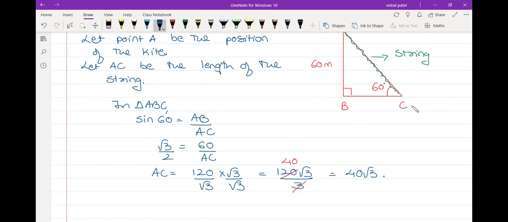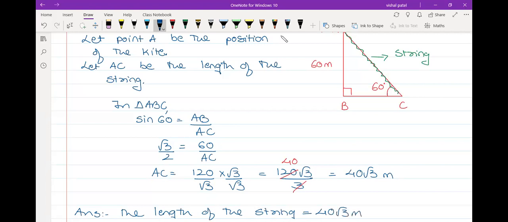Answer is 40 √3 meters. Final answer: yes, we are finding the length of the string. The length of the string equals 40 √3 meters.